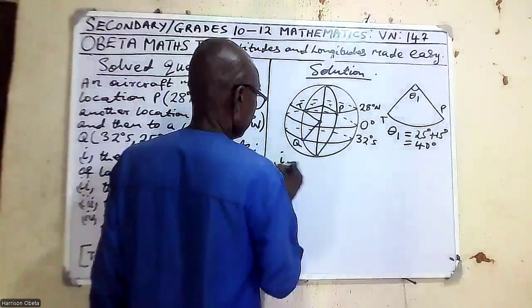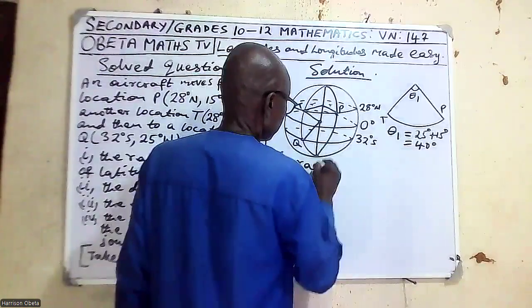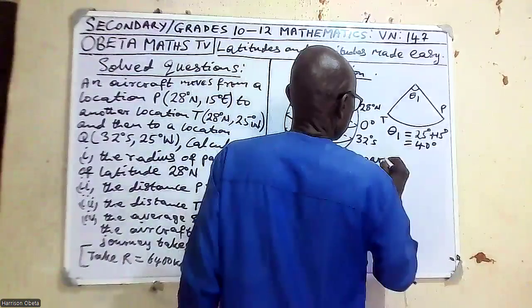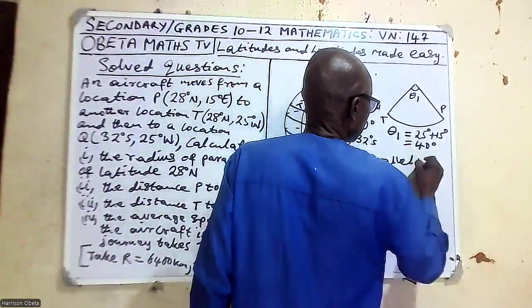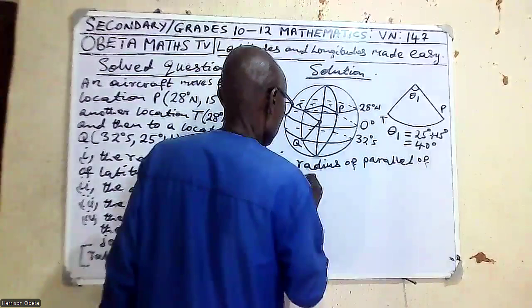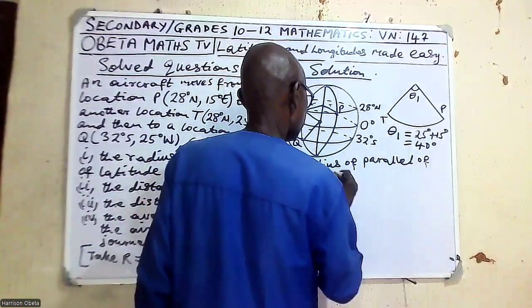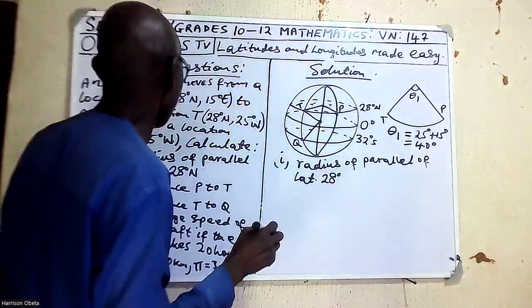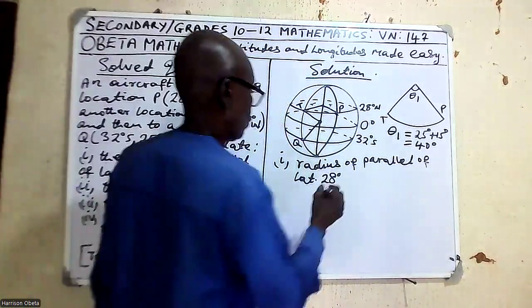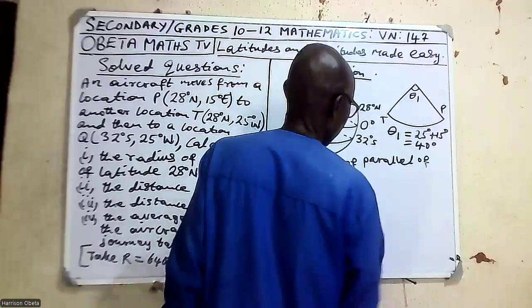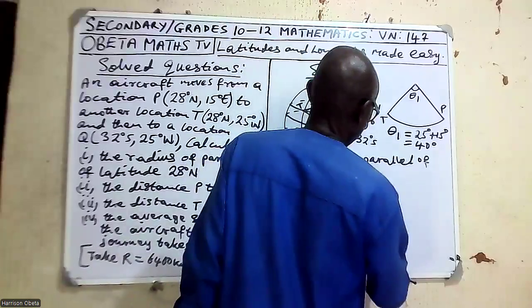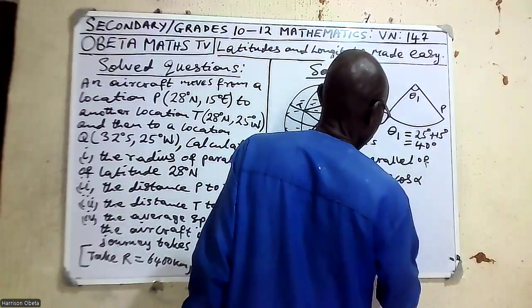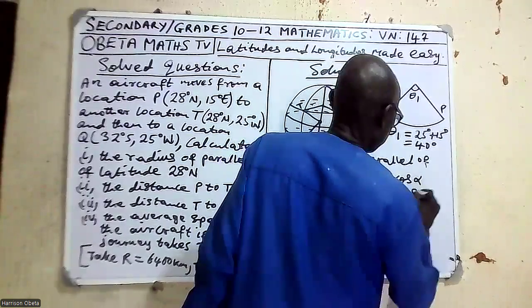So question 1, radius of parallel of latitude 28 degrees north is given by the formula r equal to R cos alpha, where our alpha is 28 degrees.